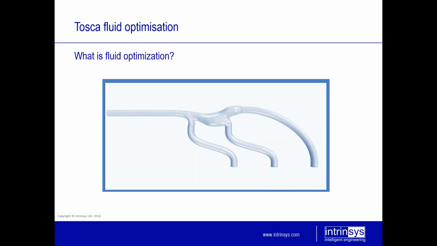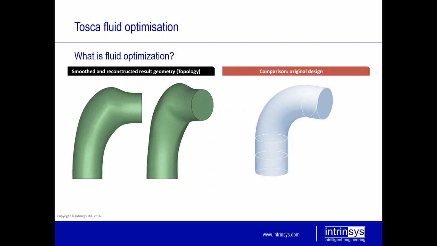This can lead to innovative shapes, such as the green one, compared to the original design, which is simple with a constant diameter. By reconstruction, we smooth the topology to improve the flow inside the part.